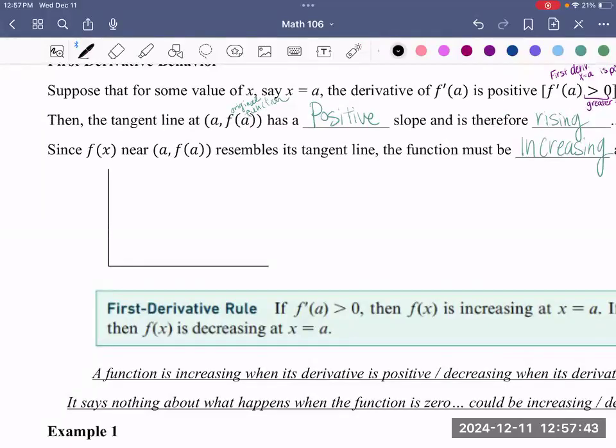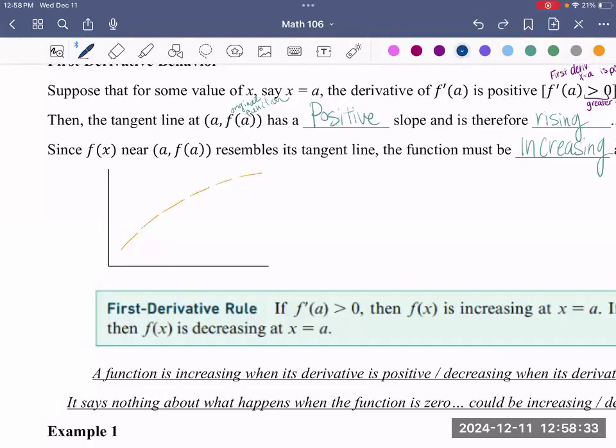So for example, if we were to make a quick picture, given some function, if we know that your slope is positive, then it's increasing. If we were to draw a series of tangent lines where your graph is rising, the first derivative is positive, your tangent lines have positive slope, and it's therefore going to be rising.